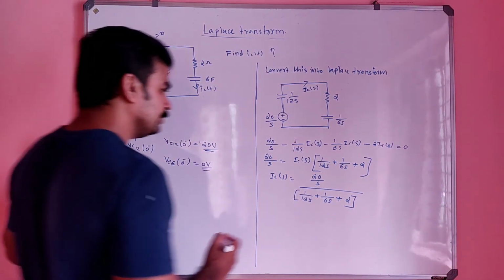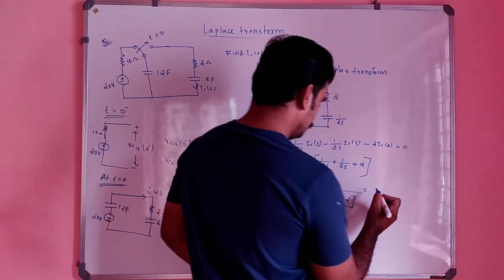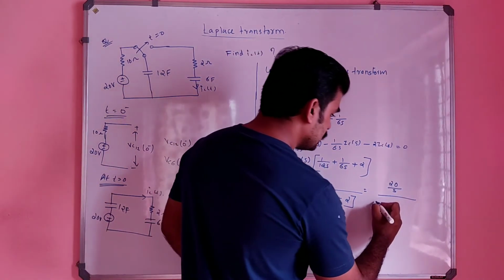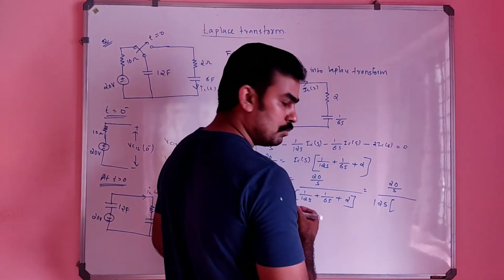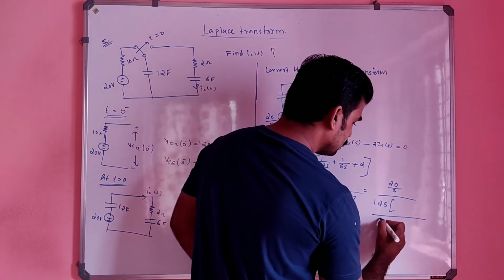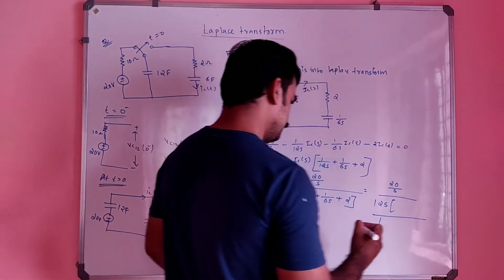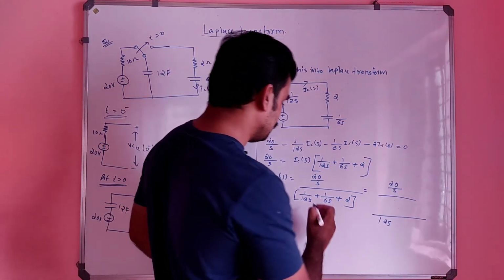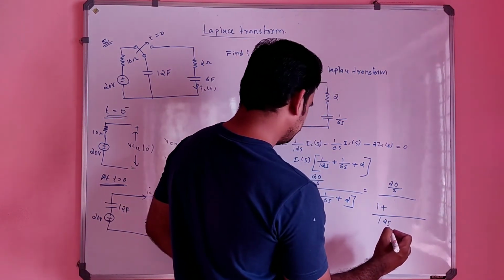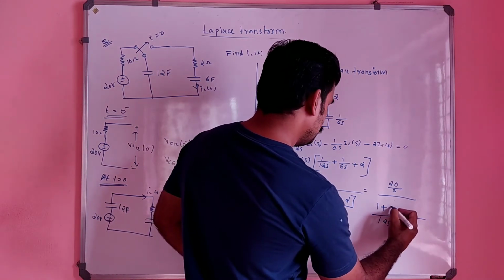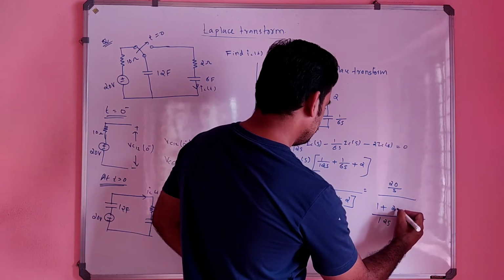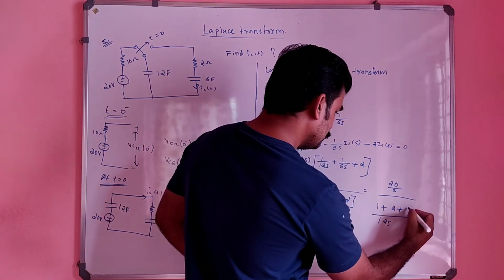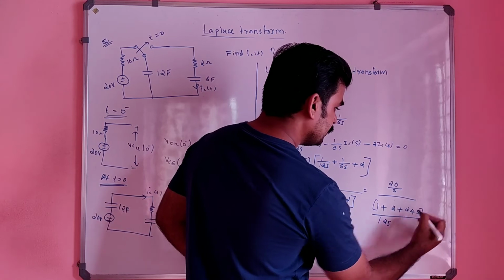Correct or wrong? Correct. Which is nothing but 20 by s whole divided by, you can multiply with 12s on both numerator and denominator, or take LCM as 12s. 1 plus 2 plus 24s, correct?